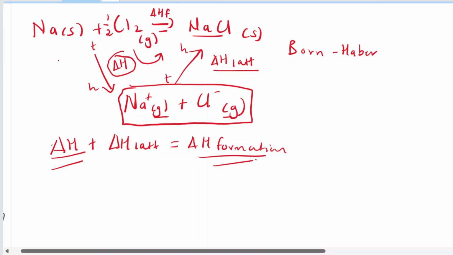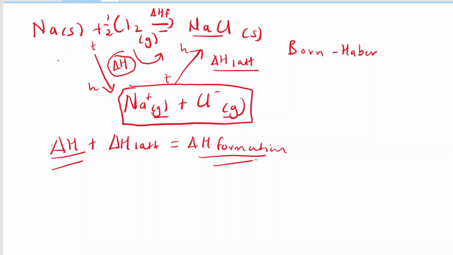One more thing to note is that sometimes this equation is not written like this. It might be written the other way around. For example, they can keep this part in the reactants and they can keep this part down over here. But whatever the case, what you have to identify is how the arrows are going. The main concept here is that you have to play around with these three equations.